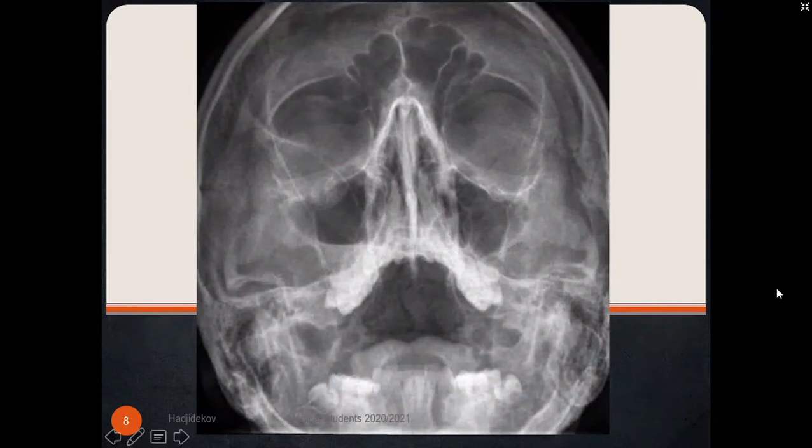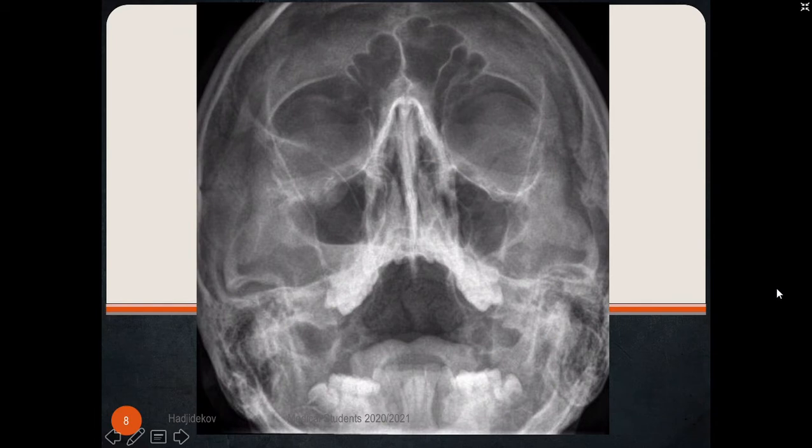Sometimes the changes are very subtle, so we should look mainly for fractures. These are the frontal sinuses. Those are the maxillary sinuses. We see some fluid level here, maybe, or either hypertrophy of the mucosa of the right maxillary sinus, because here it's fluid, which is normal, the same density as the orbits and the frontal sinuses.